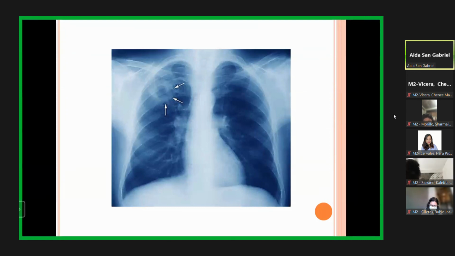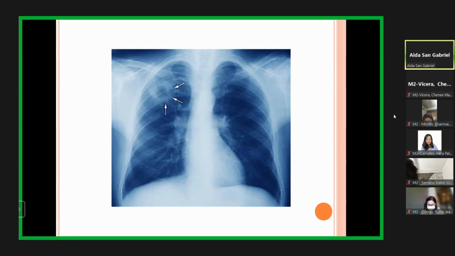Normal inspection: symmetrical expansion, no lagging, regular respiratory excursions with no signs of respiratory distress, no intercostal or subcostal retraction. So that's your normal inspection findings.